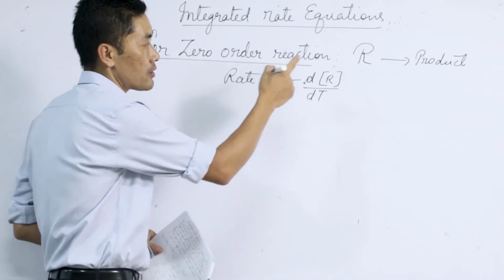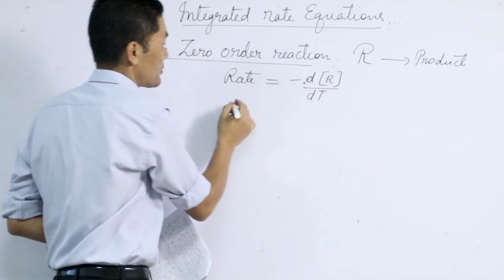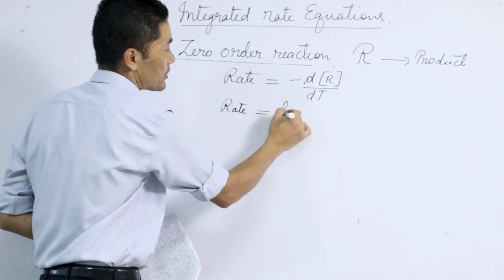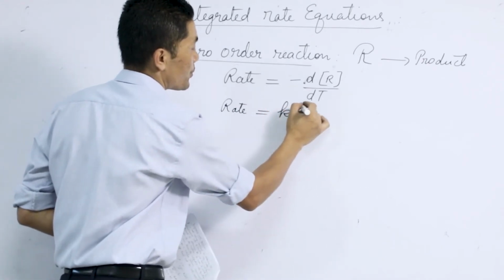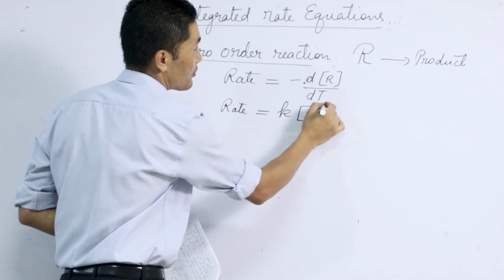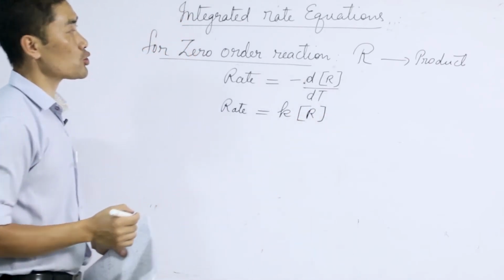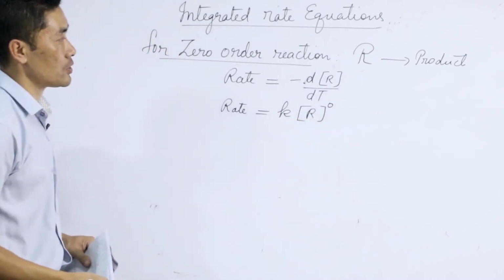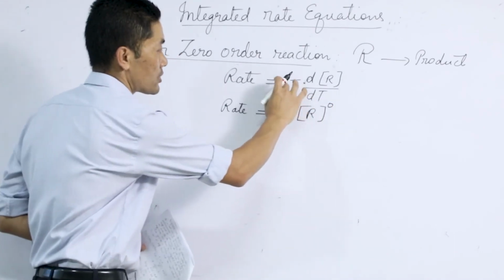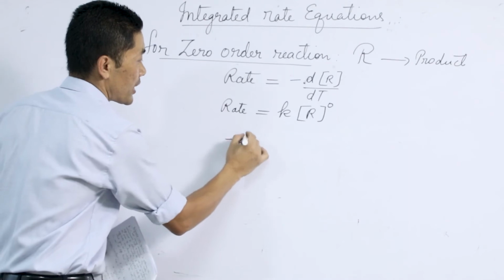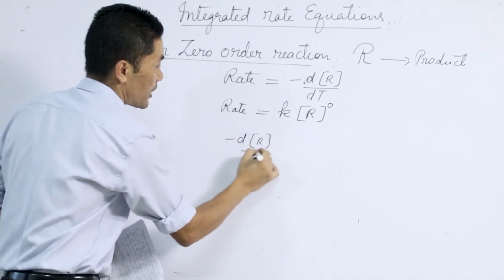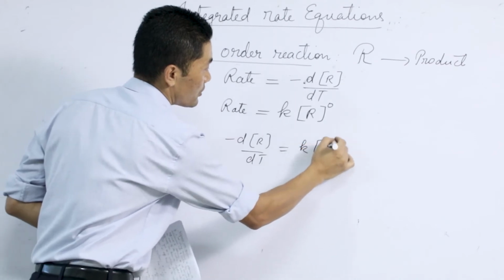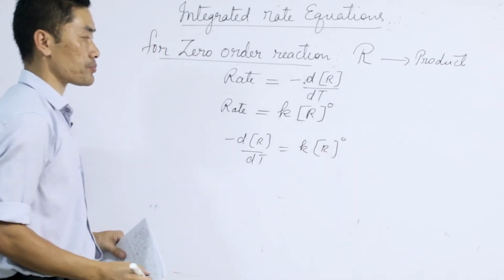If we write the rate equation for this reaction, then rate will be expressed as rate equal to K, the rate constant, into concentration of the reactant R raised to power 0, because this is a zero order reaction. So from these two equations, we can write minus dR by dt equal to K into R raised to power 0.